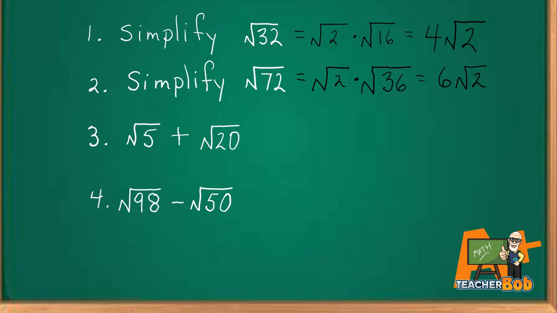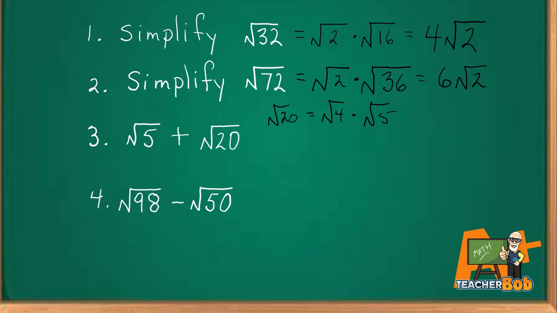Well, I can see that the square root of 20 can be broken down into this radicand of 5, and it just happens that 4 times 5, 4, which is a perfect square, times the square root of 5 is equal to the square root of 20.